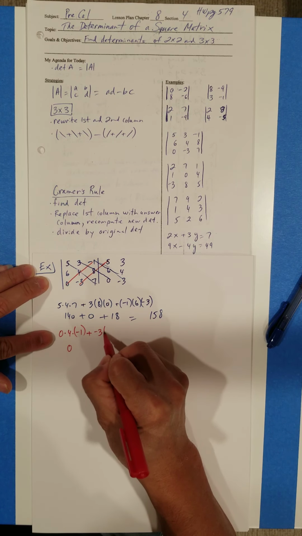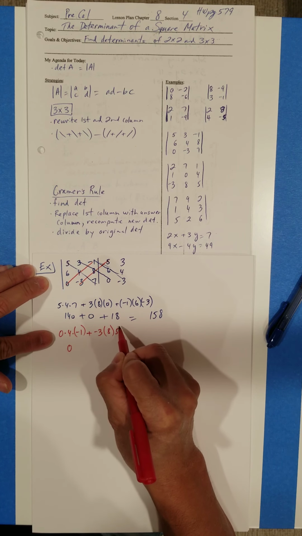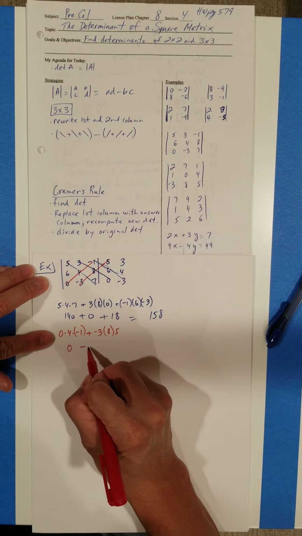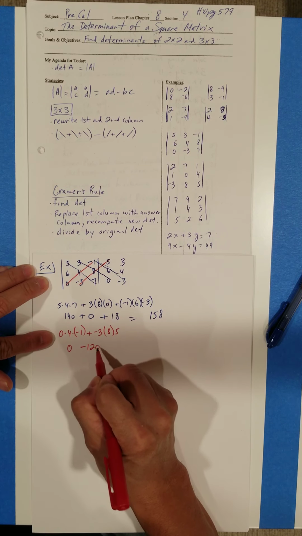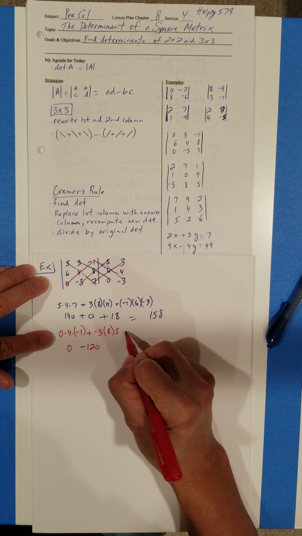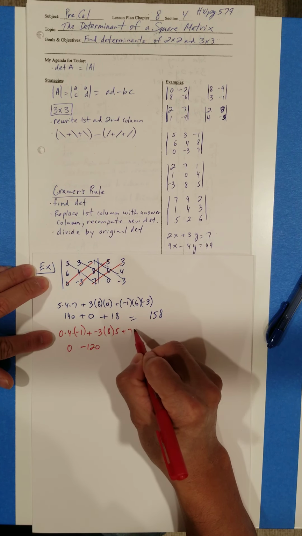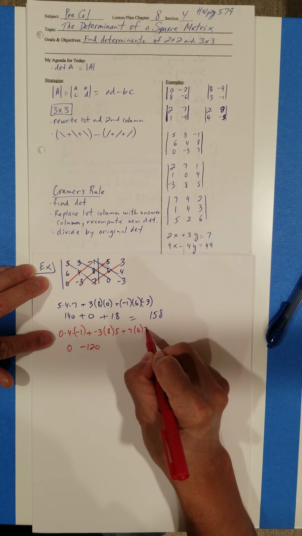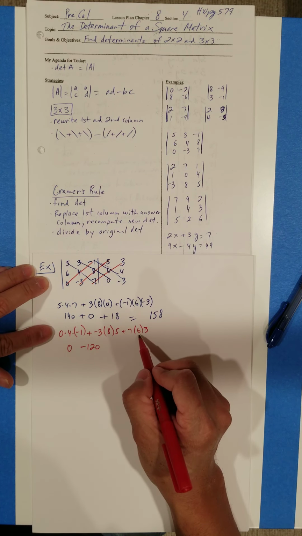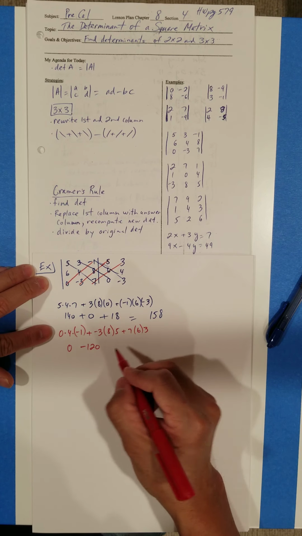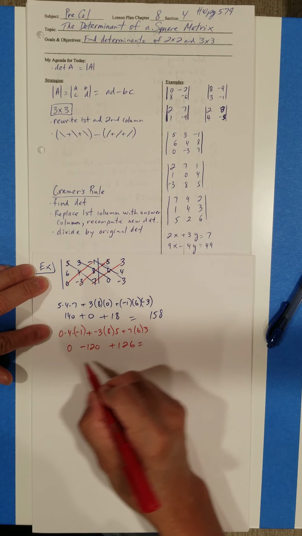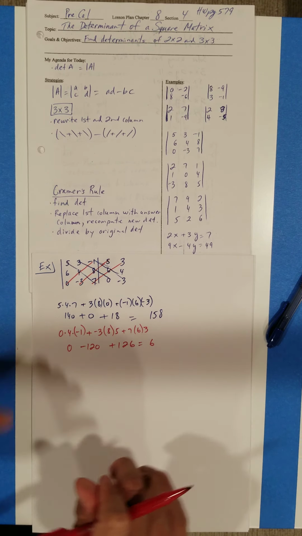Negative 3 times 8 times 5 is negative 120. And then going up, 7, 6, and 3. That's 126. Now add these together, you get 6.